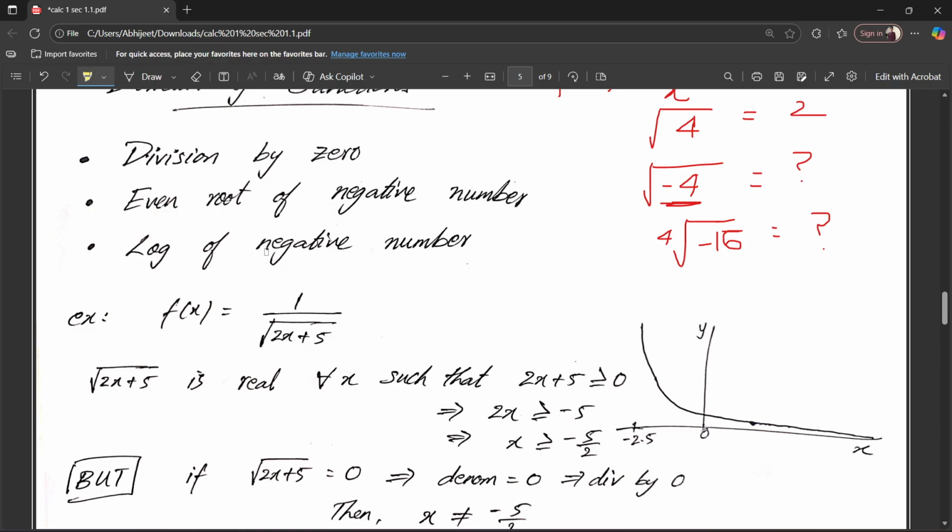We saw that any even root can take only non-negative numbers, meaning the square root of 2x plus 5 is only real if 2x plus 5 is not negative, meaning it is greater than or equal to 0. Subtract both sides by 5, you get 2x is greater than or equal to minus 5. Divide both sides by 2, you get x greater than or equal to minus 5 over 2, which is minus 2.5.